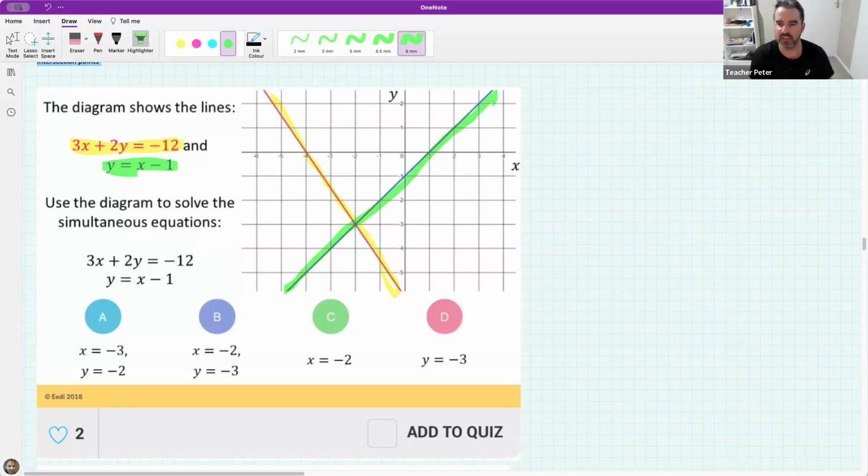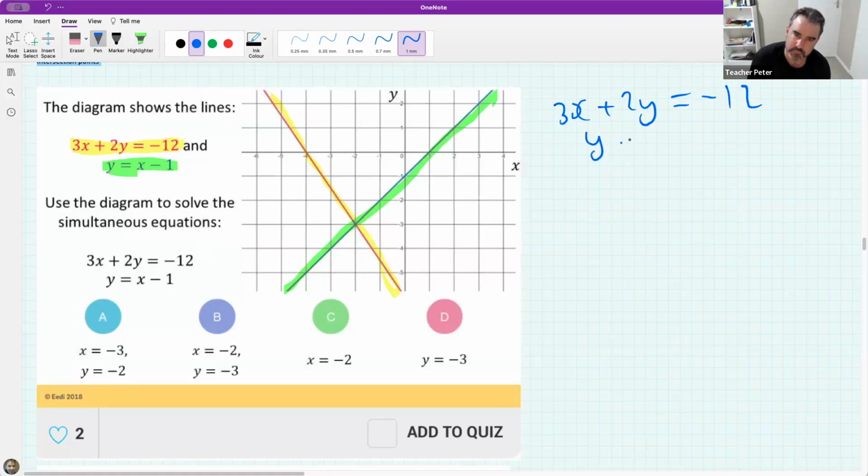Which of the options is correct here? Now, you don't have to do the algebra. I'm going to do the algebra anyway, just to show you. But which of the options do you think is correct for finding this point over here, or to solve the simultaneous equation?